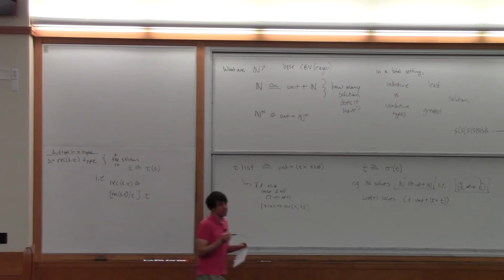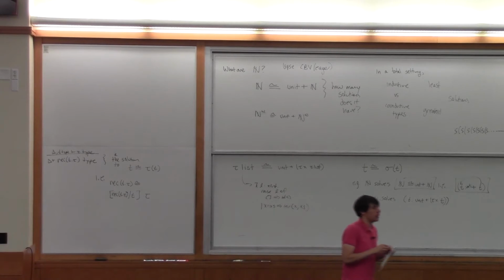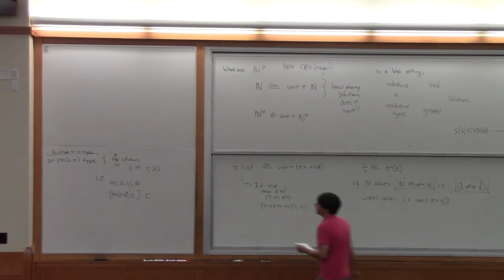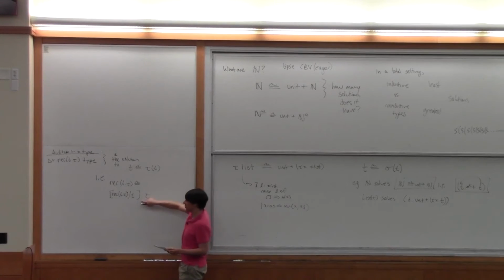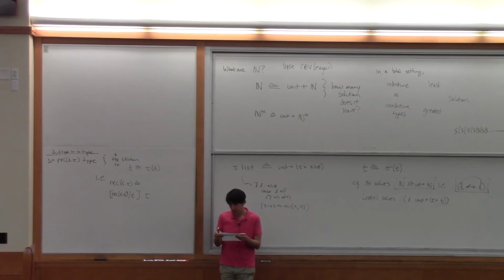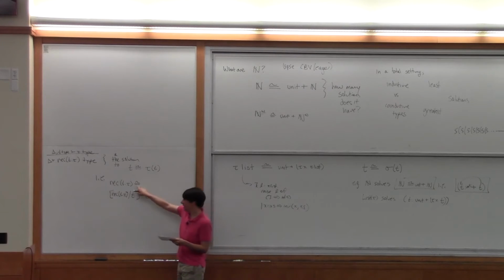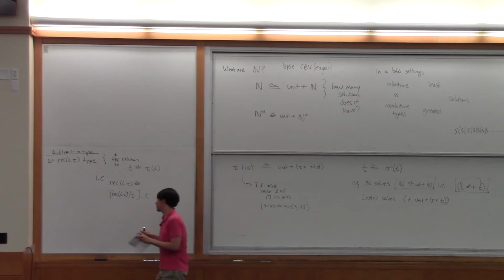To say that rec t dot tau solves that equation is to say that it obeys the property that it is isomorphic to the unfolding of the recursion. So the rules for this new recursive type will essentially codify this isomorphism.